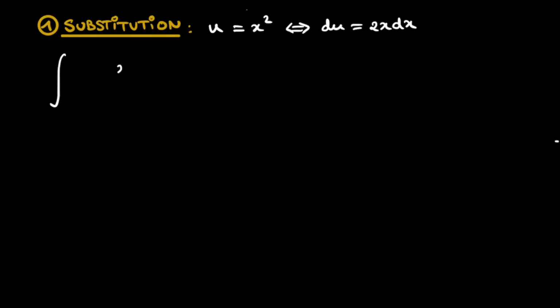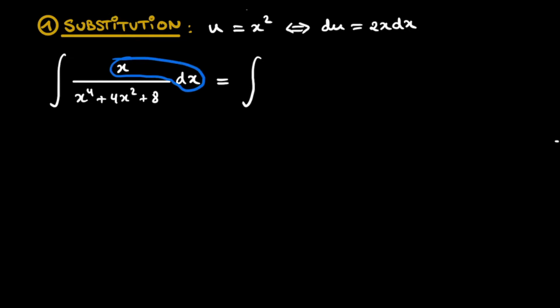So we can now rewrite our integral performing our substitution. So we get the following integral. In the enumerator, we replace x dx simply by du divided by 2. This means that in the enumerator, we get 1/2 du. And in the denominator, we simply replace x squared by u.